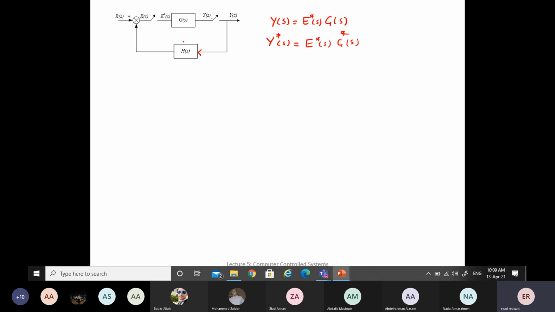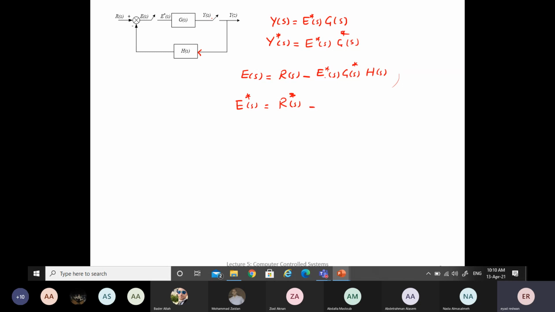Now if we write again the error signal here, E of S is, as we said, this signal entering, Y star of S times H of S. Let me write it the other way around: E of S equals R of S minus what comes from here, E star of S times G of S star, and notice all of this is multiplied by H of S. So if I want to get E star of S now, I can take the asterisk for all of this. So E star of S equals R star of S, the Z Laplace transform.